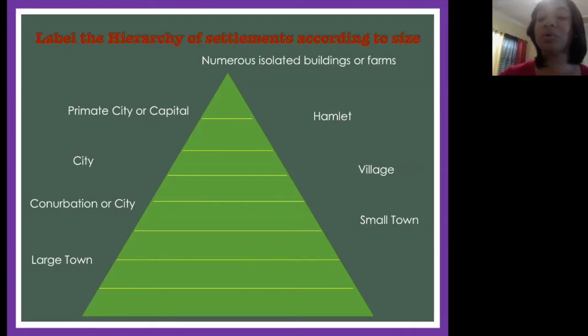So as I give you a clue, I want you to tell me what settlement we are describing. So this settlement is found at the base of our settlement hierarchy. This settlement is so small that possibly there won't be any services provided. Which settlement is found at the base of this structure? Franklin says the village. No, Franklin, not at our base.